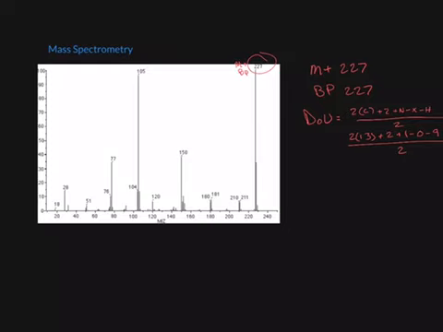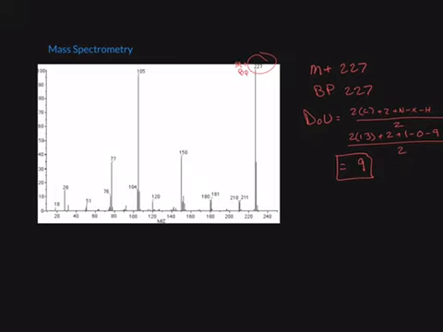In total, our DOU equals 9. This is important because in total we will have either 9 pi bonds or rings in our molecule.